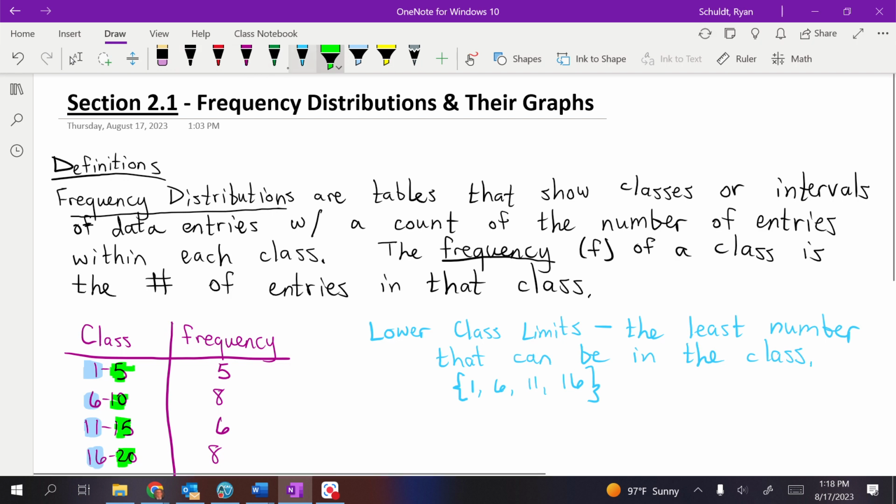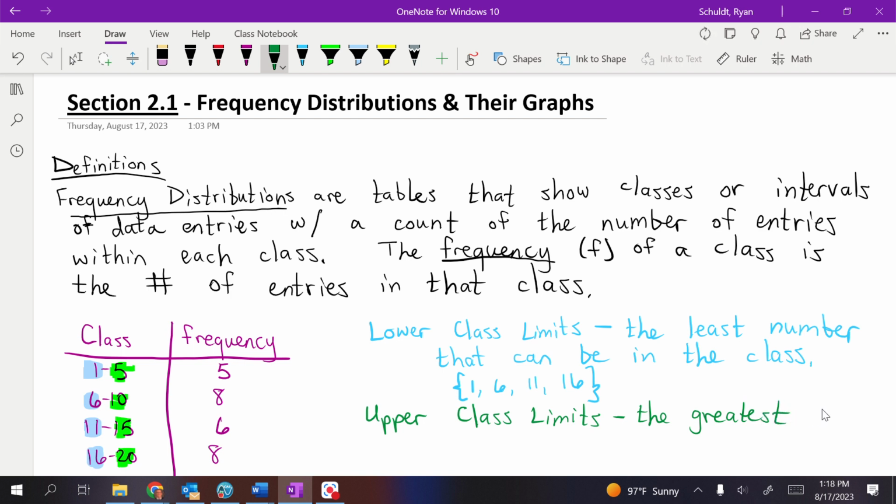Those would be called our upper class limits. They are the greatest number that can be in the class.